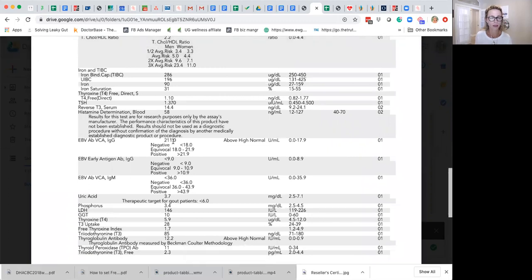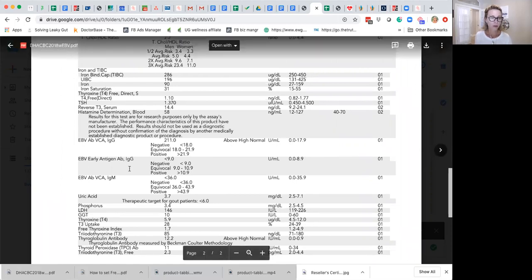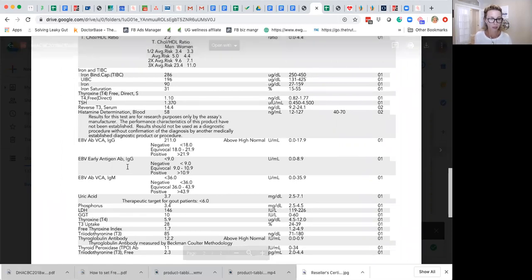1 of them was positive, 2 of them were negative. So the 2 that were negative, they didn't even give me a number because they were considered below range. Those 2 markers were early antigen. That's something that's going to show up in the late acute stage of a flare-up. And it didn't show up for me.